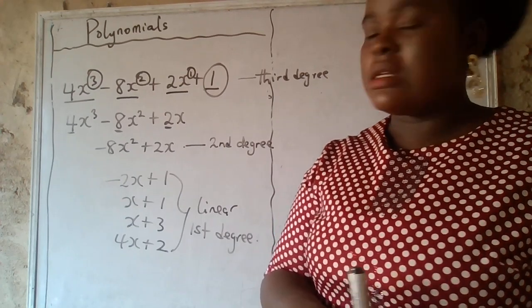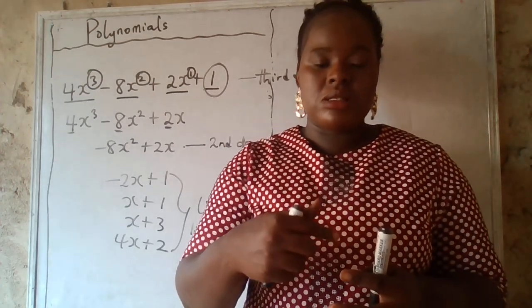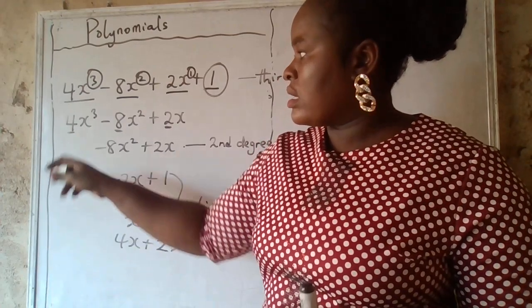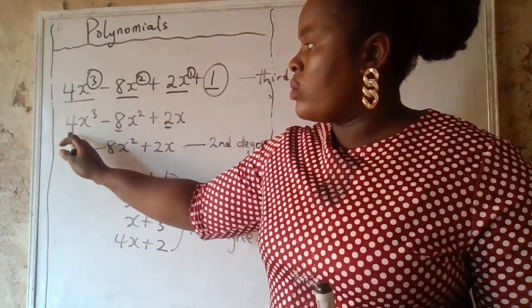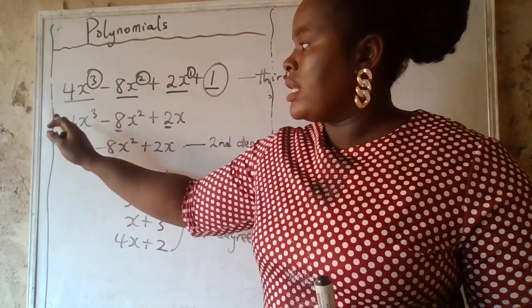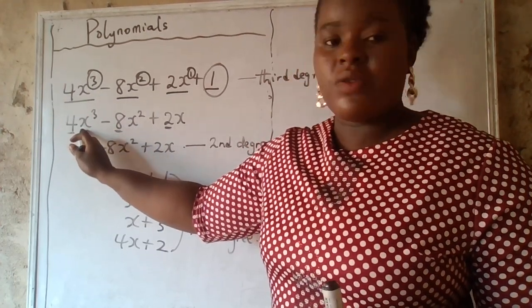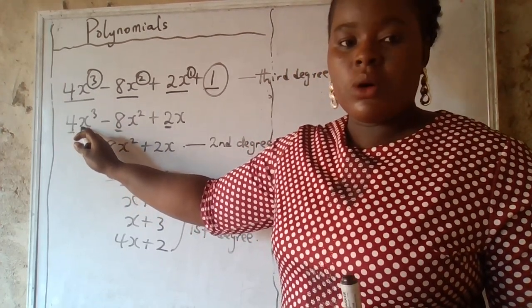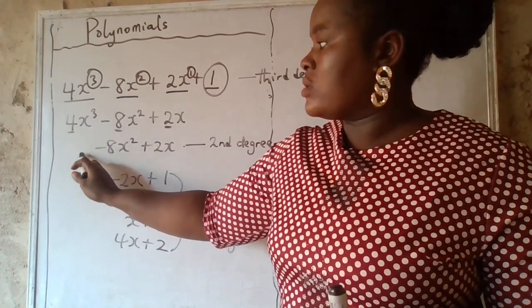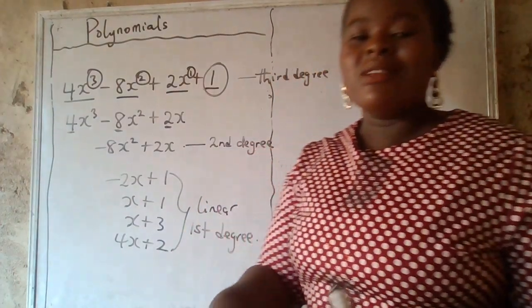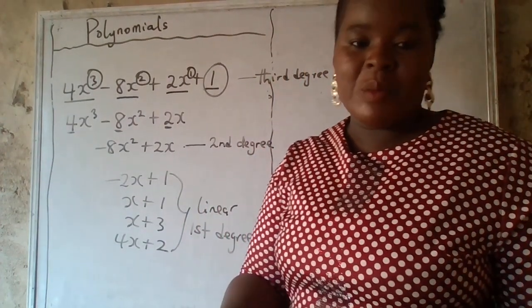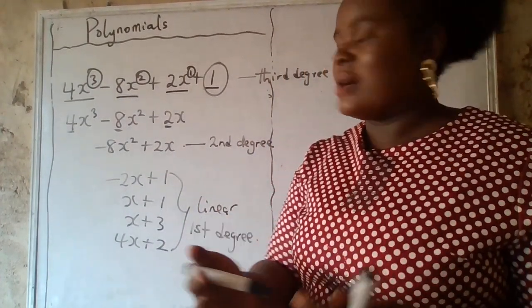If the coefficient is 0, the term will no longer be there. For example, here we have the term 4x cubed, and when we let this 4 be 0, the coefficient of x cubed becomes 0. We no longer have the term of x cubed there. 0 times any number is 0, so it actually disappeared.